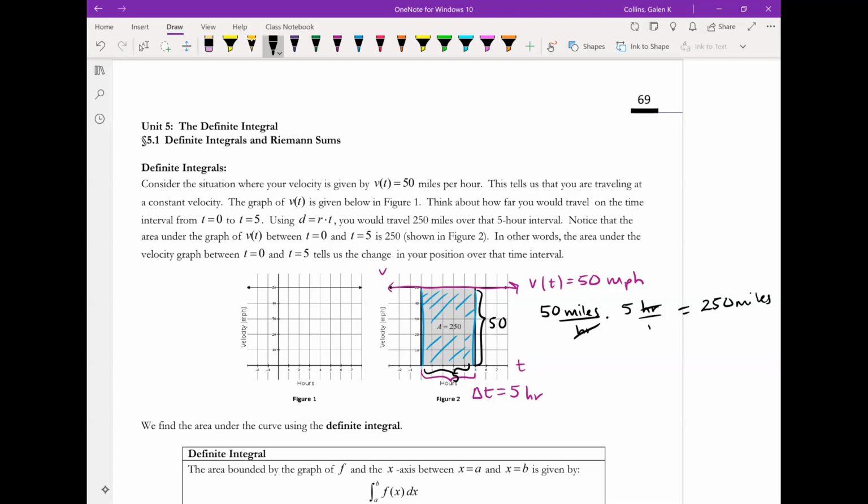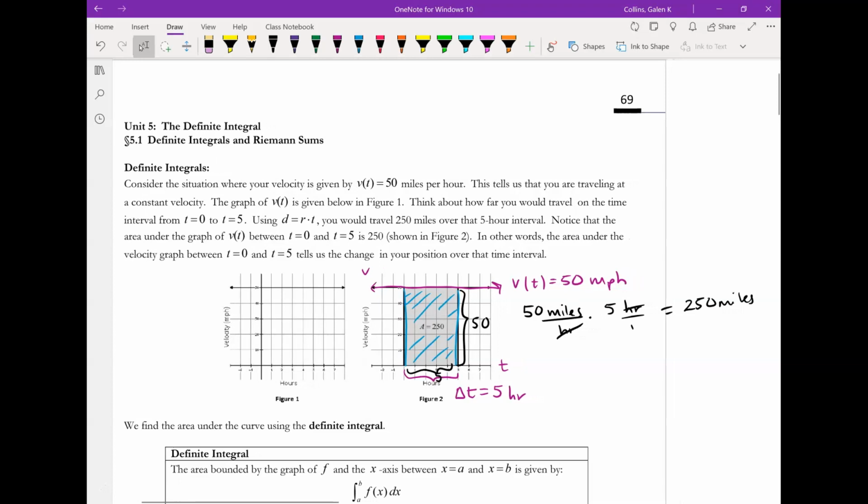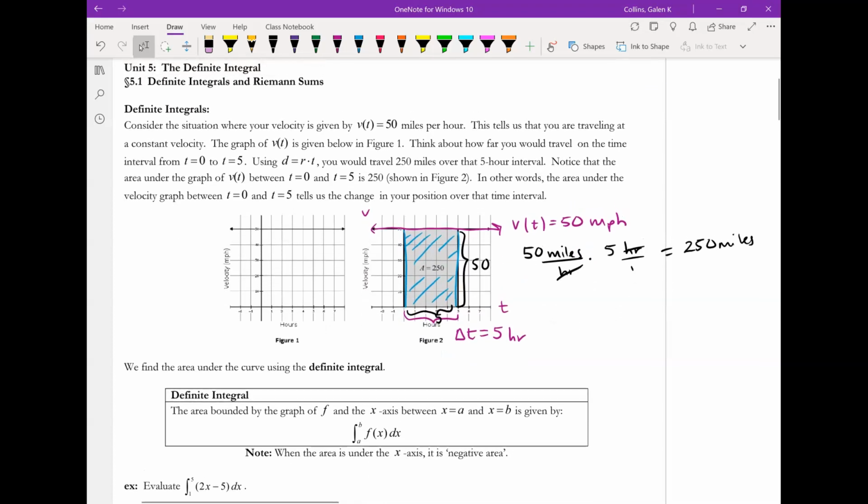So there is a connection between understanding how our position changes, or how our distance changes, and understanding how that relates to the area under the curve of a velocity graph. So we're going to explore the definite integral.